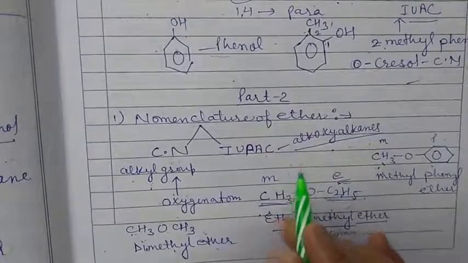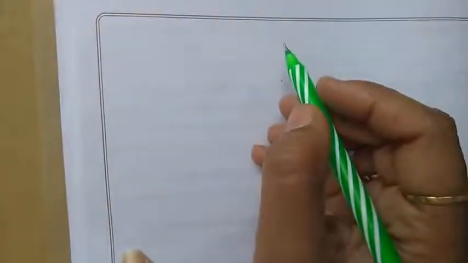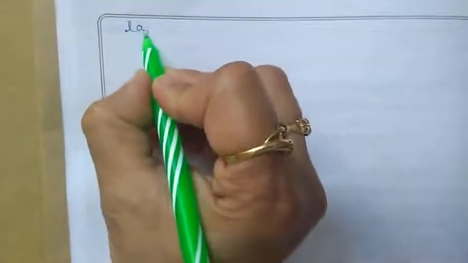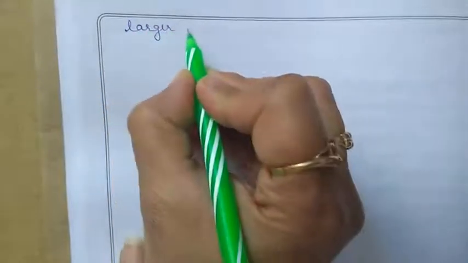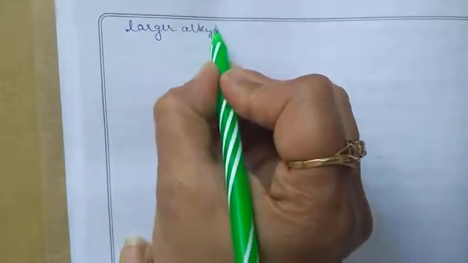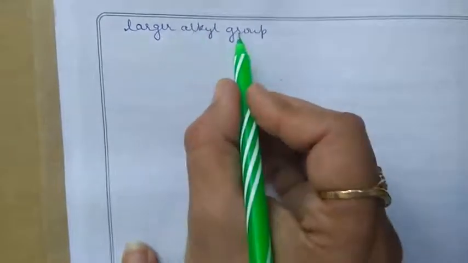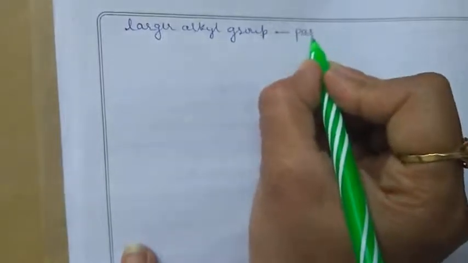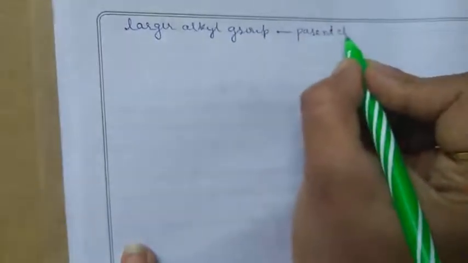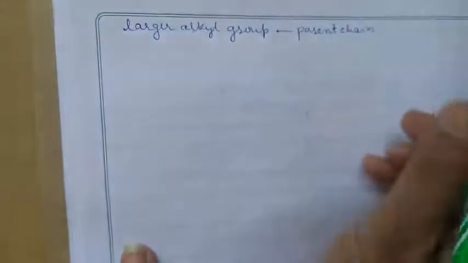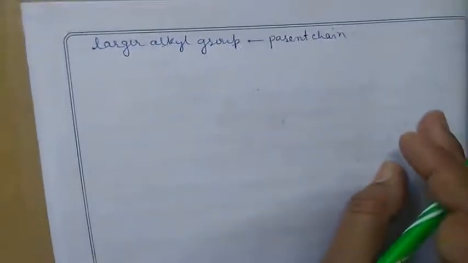The larger alkyl group forms the parent chain.